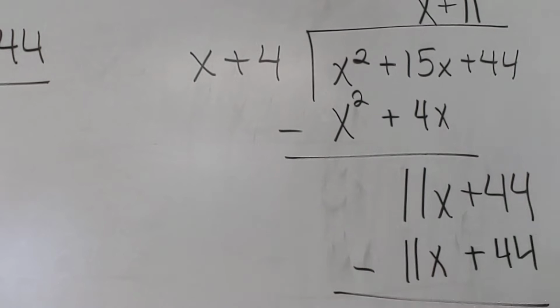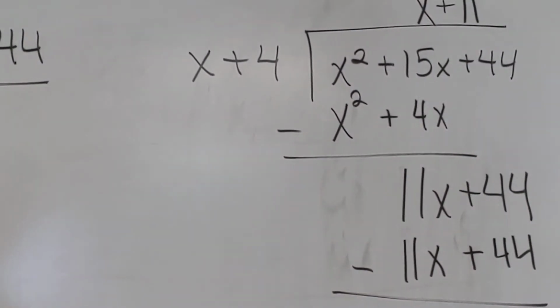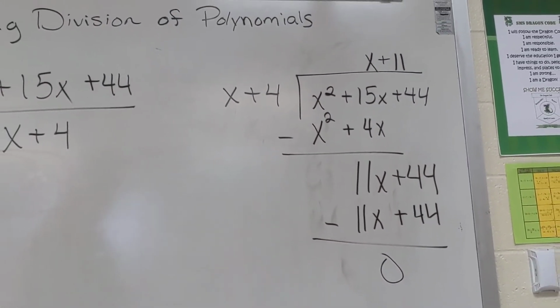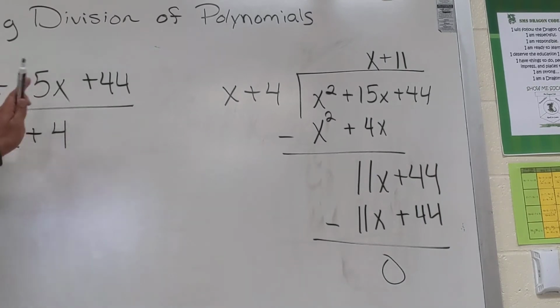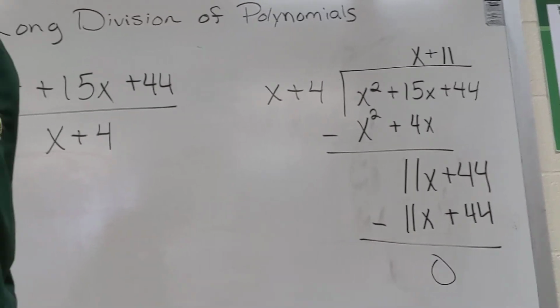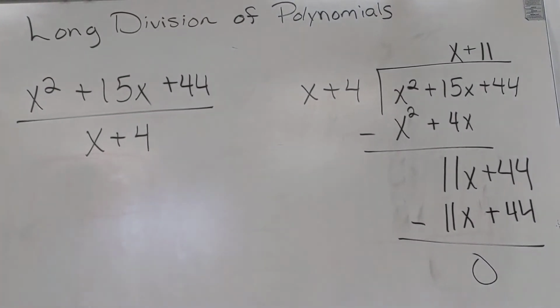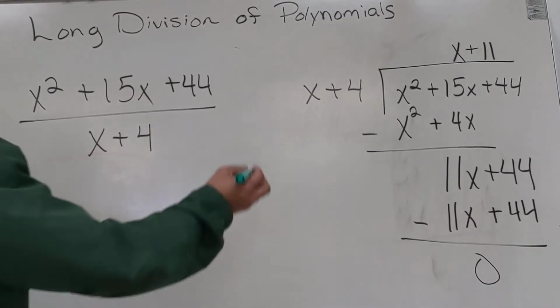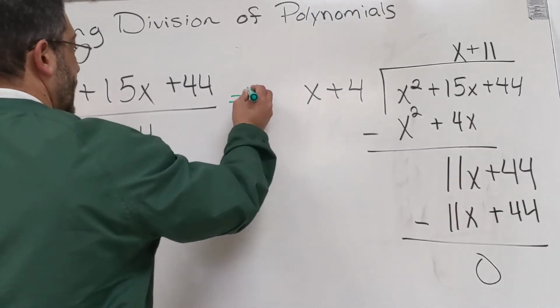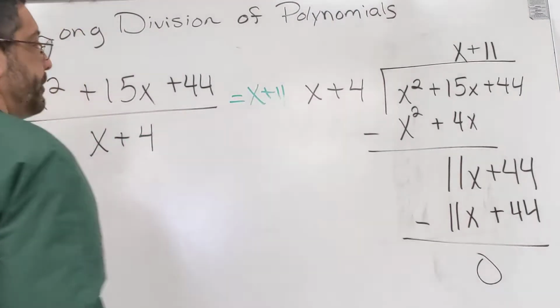When I subtract all of that, 11 minus 11 is 0. 44 minus 44 is going to be 0 as well. And that leaves me with the answer that x squared plus 15x plus 44 divided by x plus 4 is going to equal x plus 11.